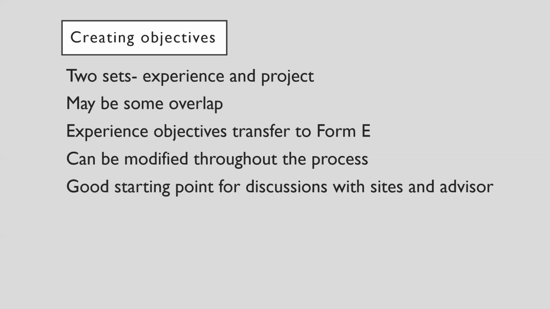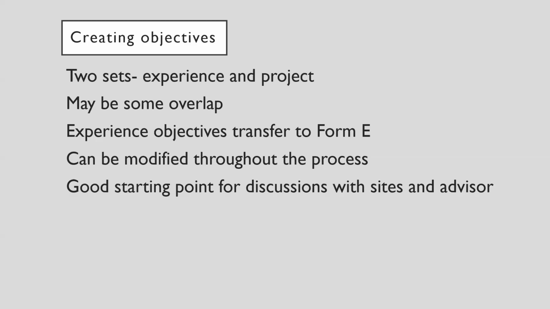Your experience objectives that you'll be developing in your proposal will then be transferred over to Form E. Form E is your capstone experience evaluation form, and that form will follow you through your 14 weeks and really forms the structure to what you'll be doing. So those are the same objectives.